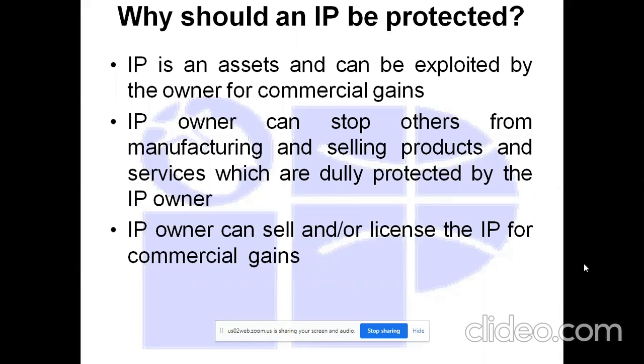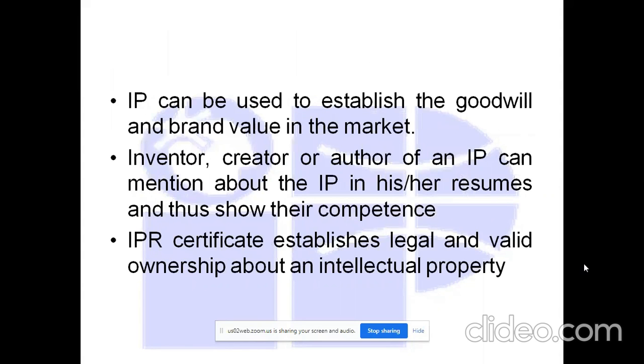We can protect them through IP, that is, the laws, rules, and regulations. In IP, as we already discussed, there are different types: patents, copyright, trademarks, trade secrets, and design patents, which all come under IP. IP can be used to establish goodwill and brand value in the market.